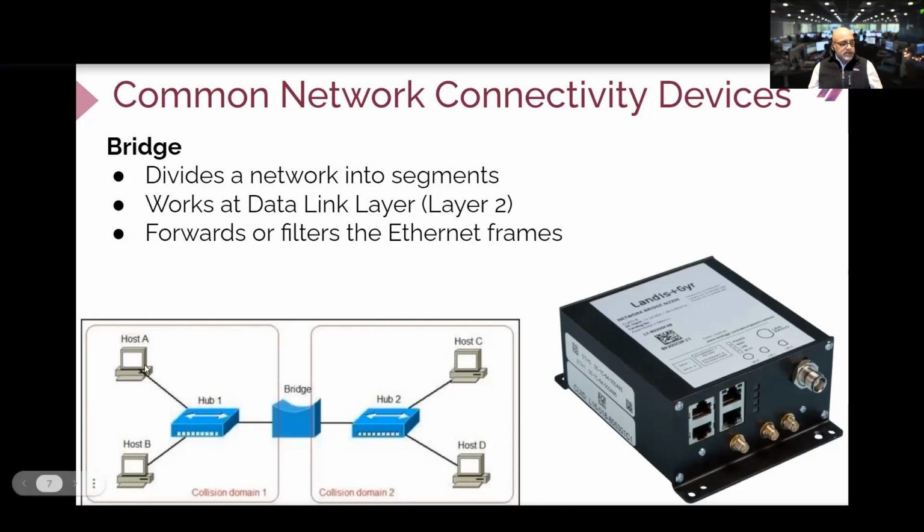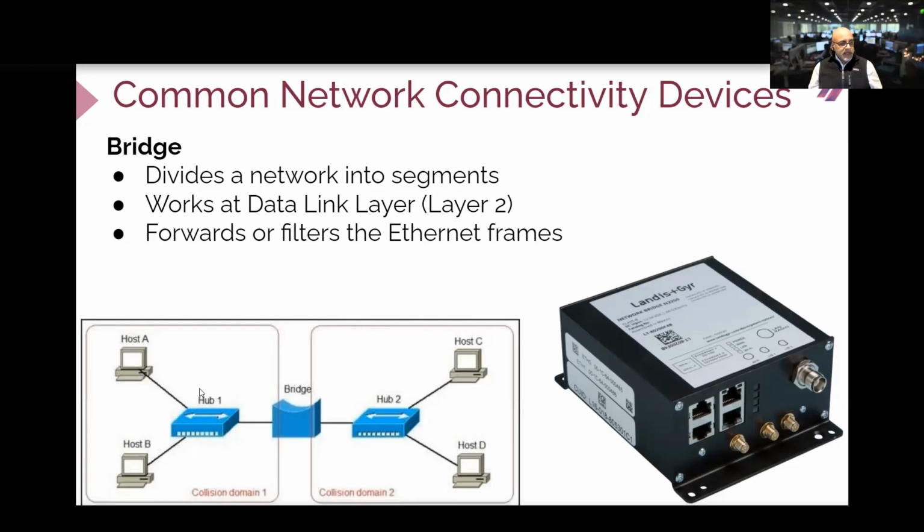Let's say traffic is sent out from this host, and it needs to go to B. Because this is a hub, it would go to B, it would go to A1, and it would go to B1, right? But it's going to be restricted here. The bridge would be smart enough to know that the host it's going to is not on this side, and it's not going to send traffic to this segment here. And so all of the traffic stays here.